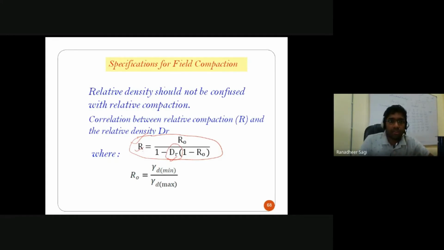You should not confuse the words relative density and relative compaction. Relative density is different, relative compaction is different. Relative compaction talks about how much compaction is achieved in the field compared to the compaction targeted from your lab test: how much you wanted to achieve and how much you have achieved. That relation is understood from relative compaction.